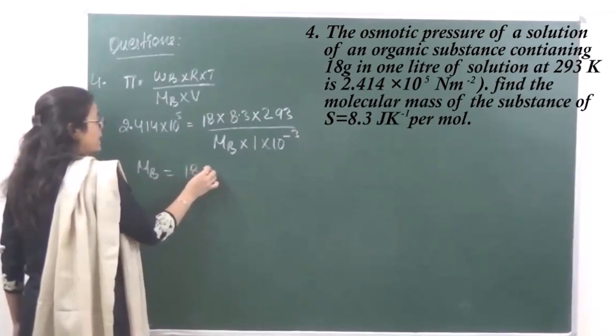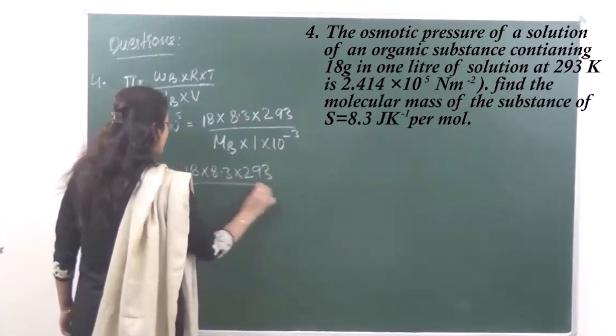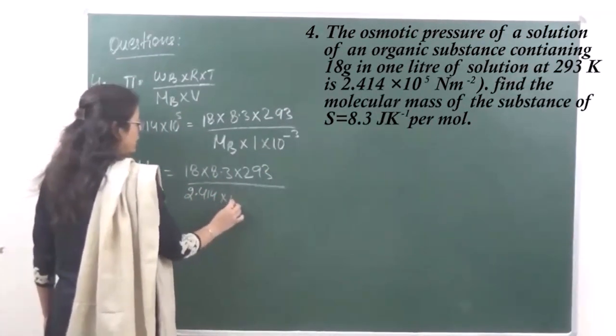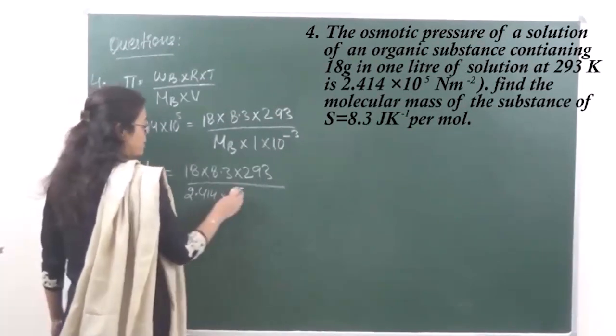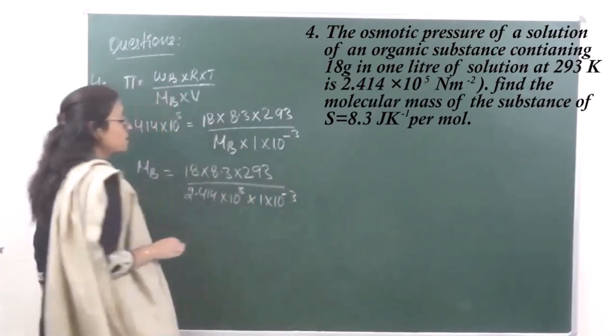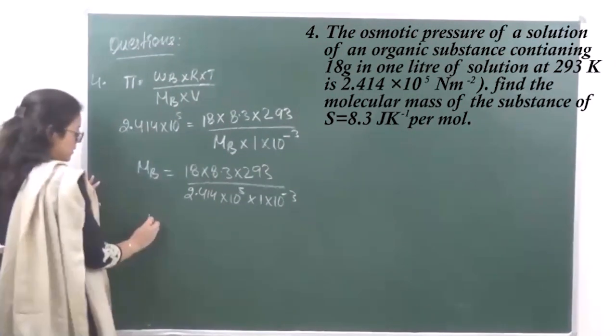MB is equal to 18 into 8.3 into 293 upon 2.414 into 10 raised to power 5 into 1 into 10 raised to power minus 3. When we calculate MB from here, it is coming to 181.33.